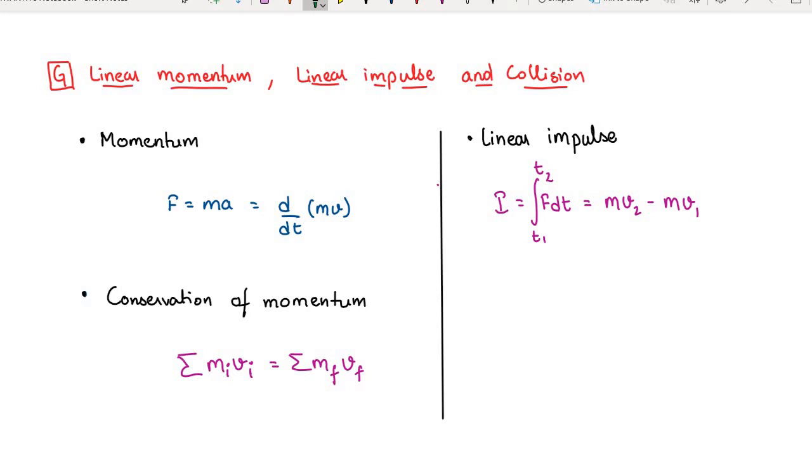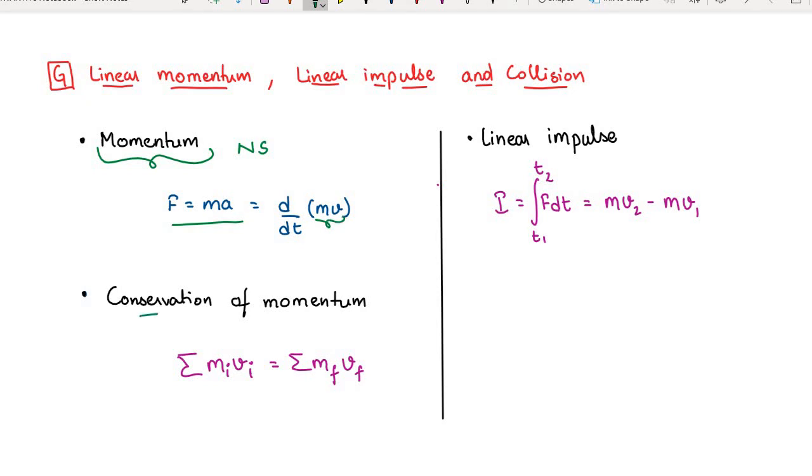Now let us complete the left out topics: the linear momentum, linear impulse, and collision. We can find out the momentum using Newton's second law, where F is equal to ma, which can be written as the derivative of m into v.